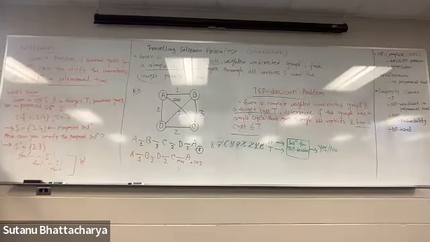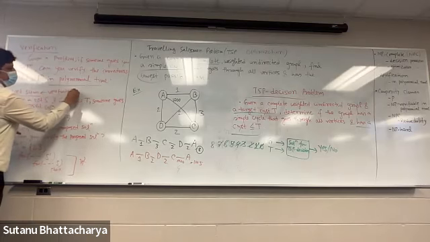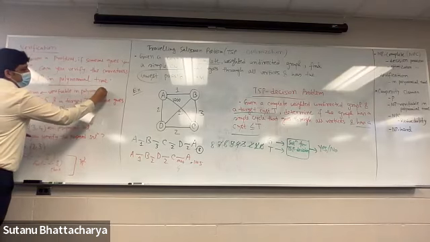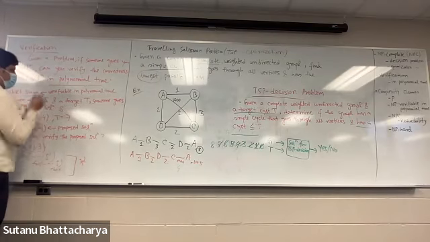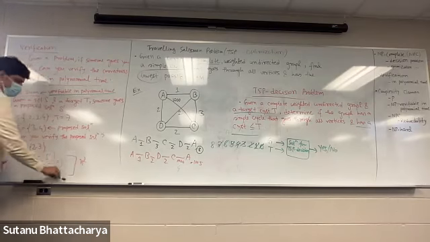This is one important conclusion. So subset sum is verifiable in polynomial time. This is important. It is verifiable in polynomial time.